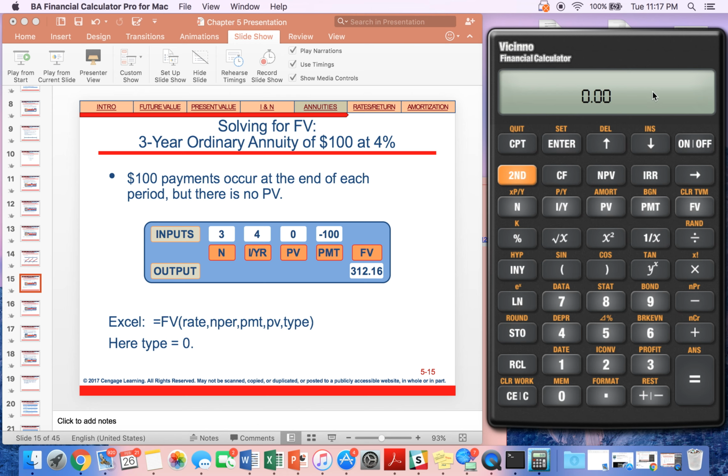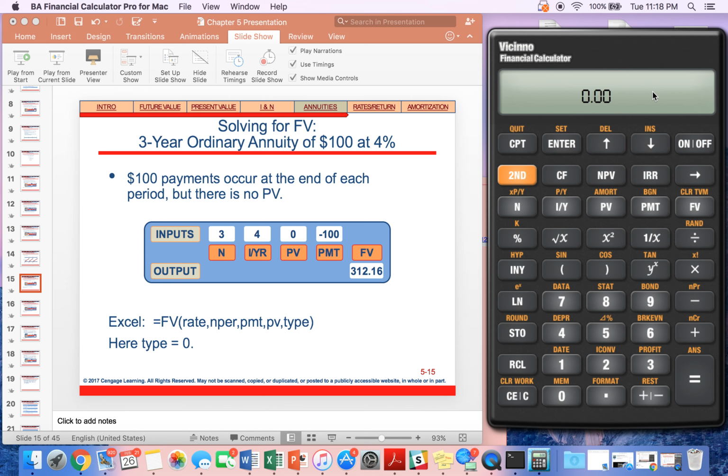It doesn't say end, beginning, it doesn't have anything up there. Your calculator always calculates an ordinary annuity. So it always assumes that if you have an annuity or not, it's happening at the end of the period, okay?